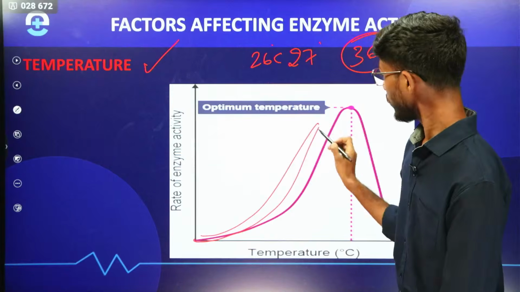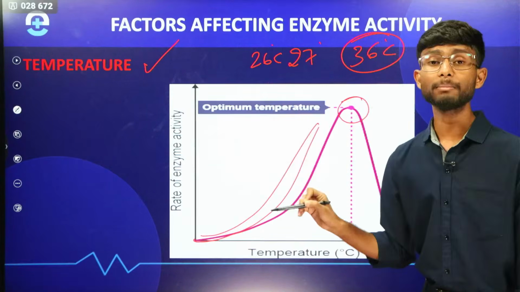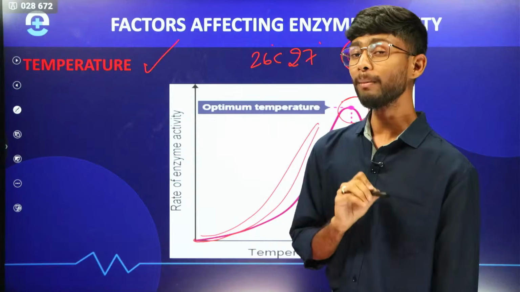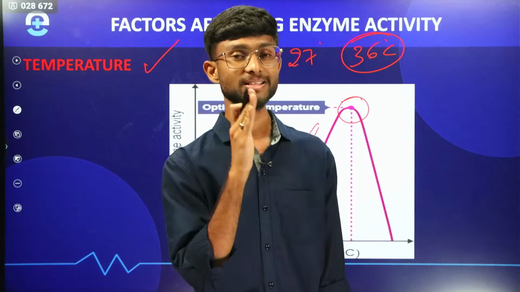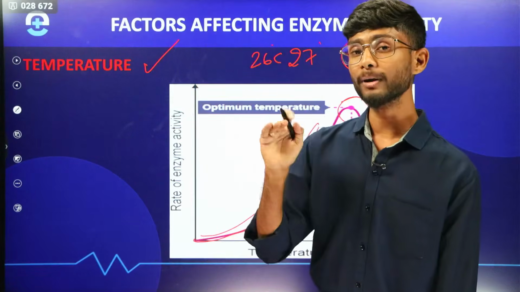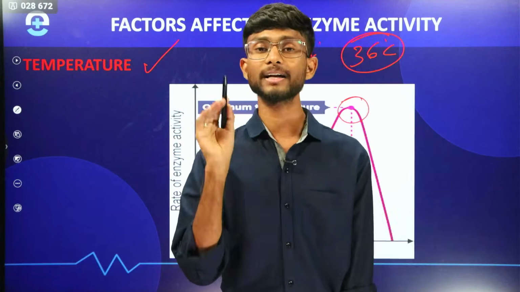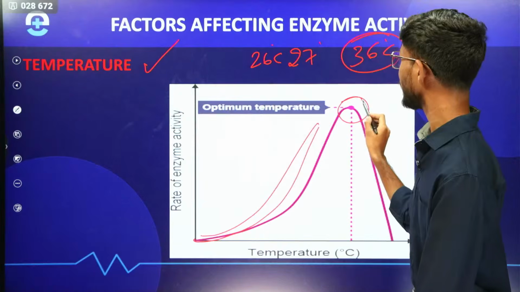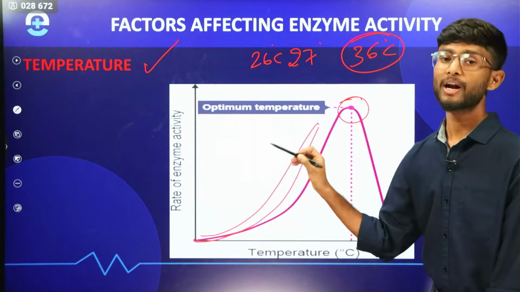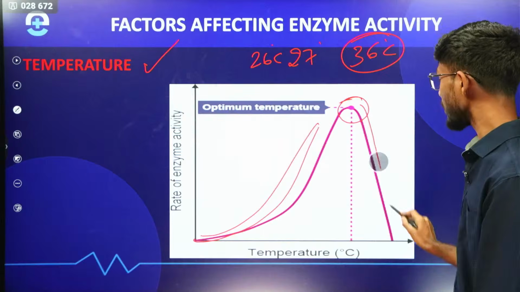There is also something called optimum temperature. Optimum temperature means the temperature where the activity of an enzyme reaches its maximum, a specific point, and after that it falls down.